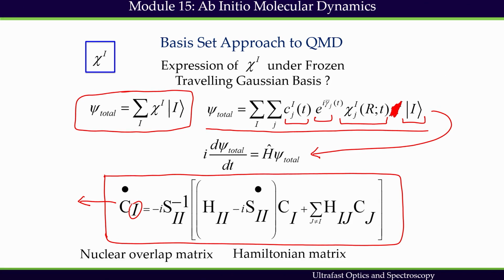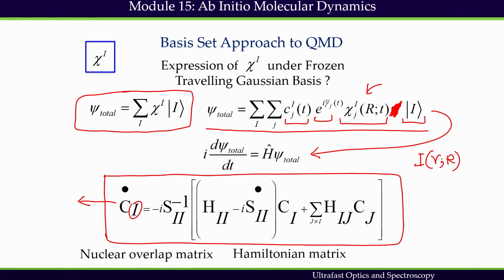Here i denotes the electronic state and psi i features the ith electronic wave function. We note that the psi i here actually depends on electronic coordinate and parametrically depends on nuclear coordinate. And this chi i is the time dependent nuclear wave function associated with the ith electronic state.